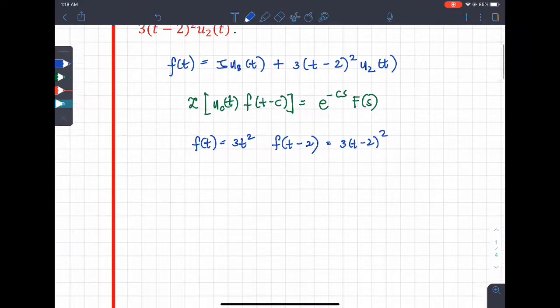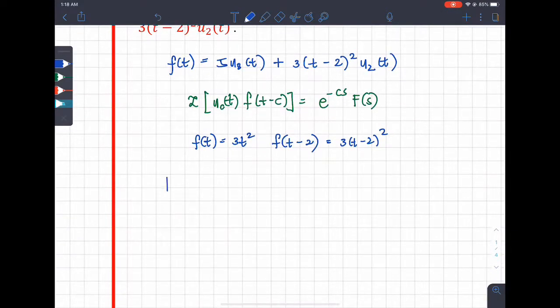In short, the Laplace transform, F of s, would be equivalent to e raised to negative cs. Here c is 8, so for our first term, negative 8s, and the Laplace transform of our f of t, in that case, is 5, so that is 5 all over s.